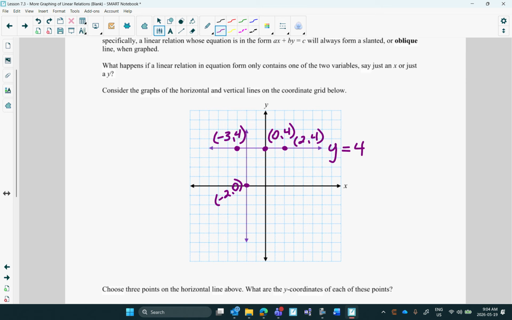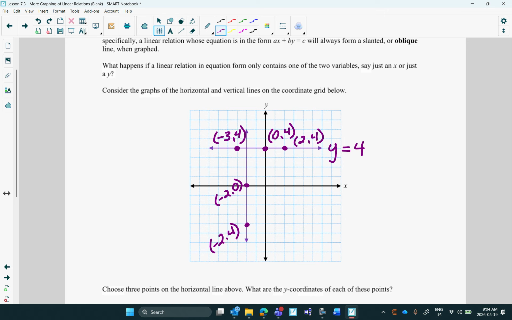Because we need to name it. We're trying to find what its equation is. -2, 4. So the x is always the same.